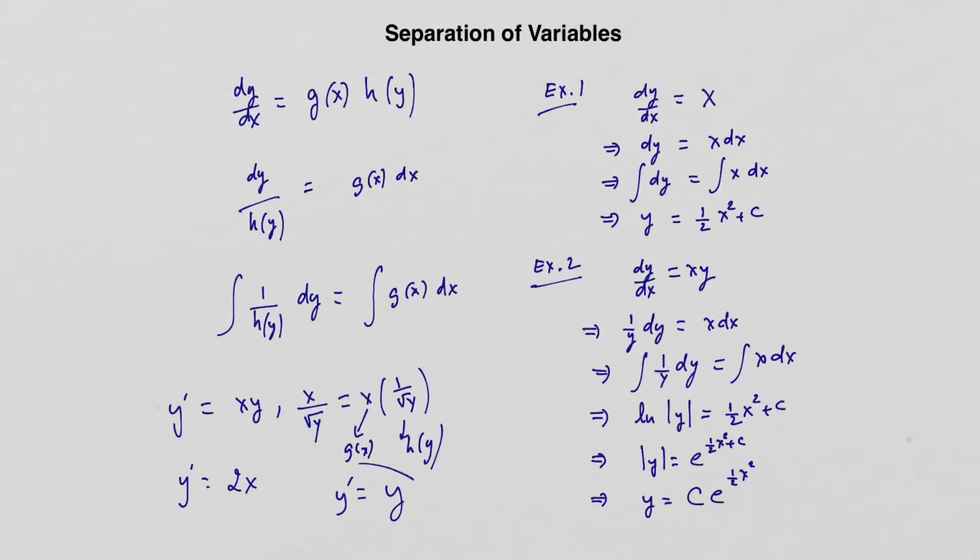You know this very well. It's like dP/dt equals kP, right? You did solve this using separation of variables. Basically, what you have in this case is just this function, because g of x equals 1, and this is called autonomous. So let me write it down.